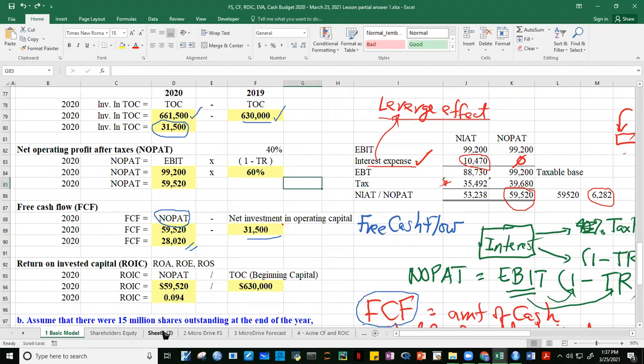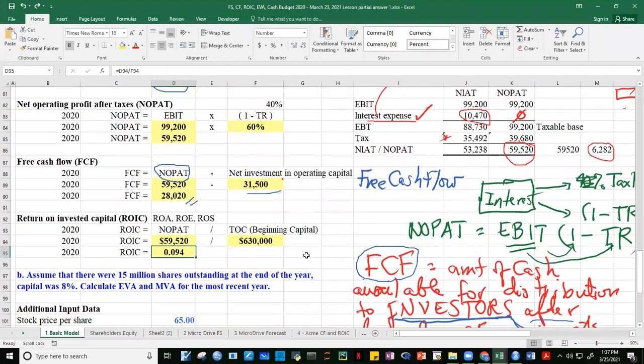So what does this mean, guys? What does 9.4% mean? Let's look at what the ratio means. It means that for every 1 peso that investors provide to management, they generated an operating profit of 9 centavos.